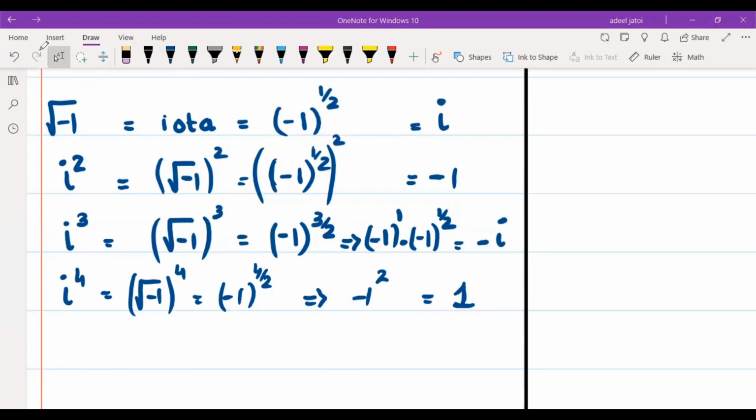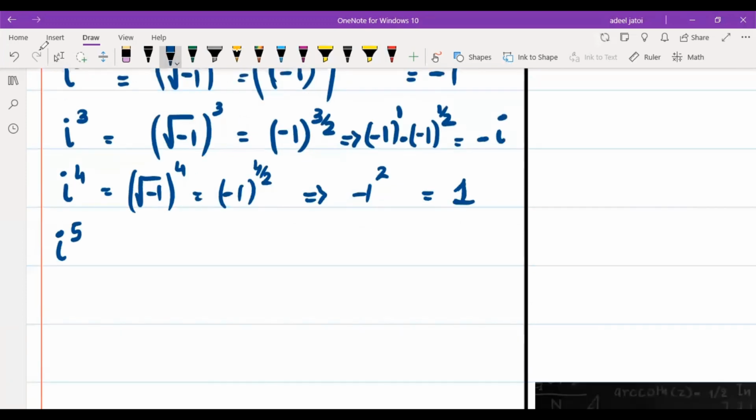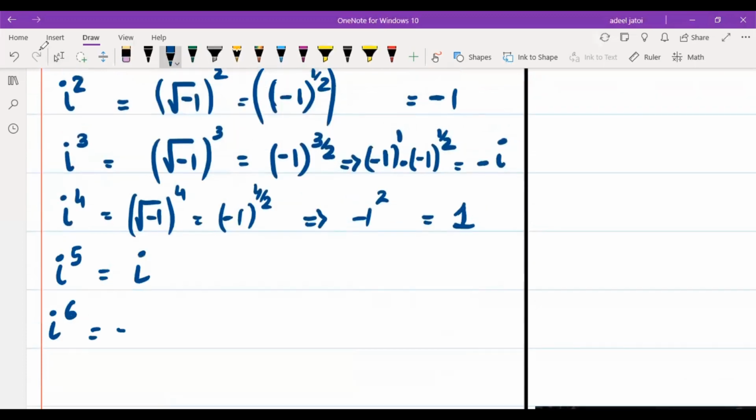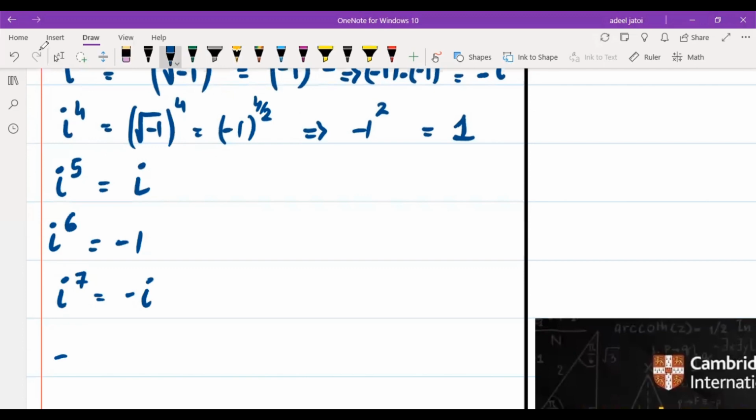In a similar way, iota to the power 5 will be iota, iota to the power 6 will be -1, iota to the power 7 will be negative iota, and iota to the power 8 will be 1.